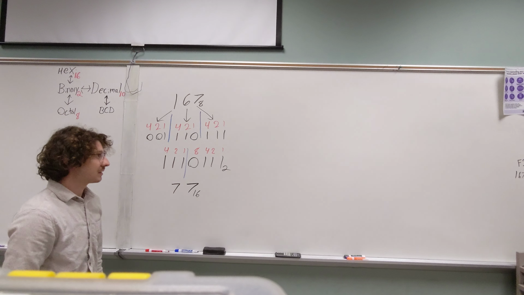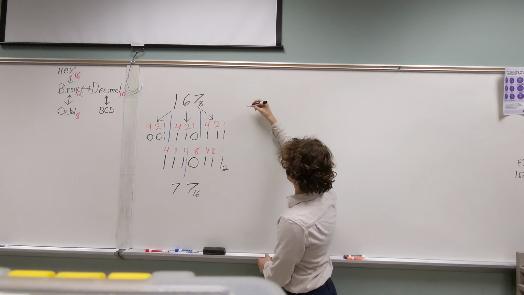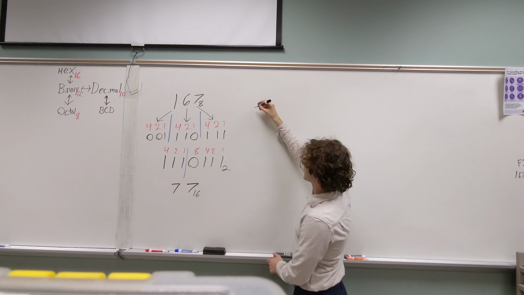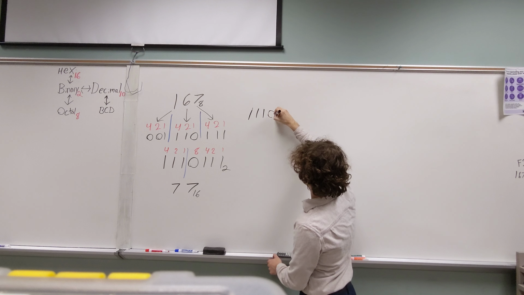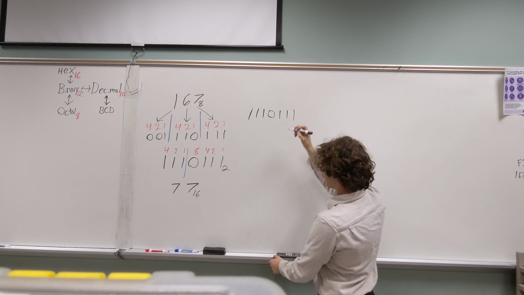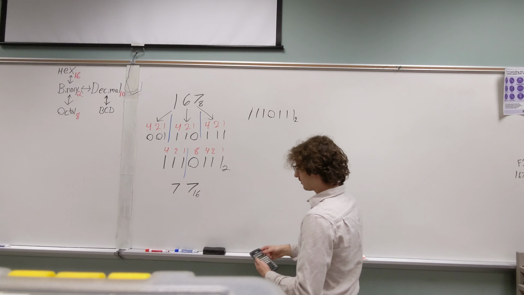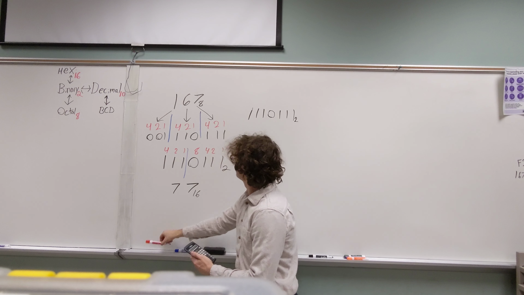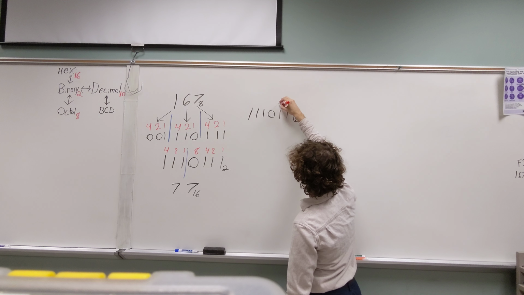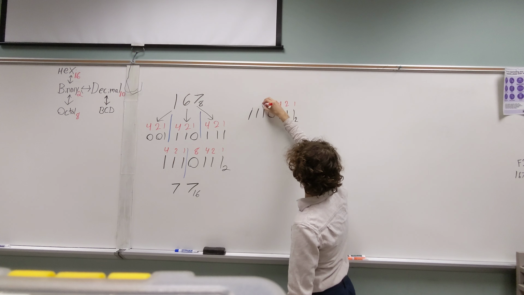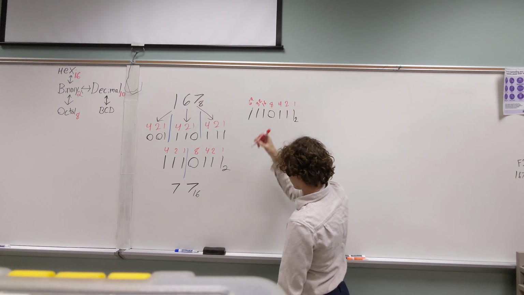Easy enough. So now if I want decimal, rewrite my binary number again because we have to go from binary to decimal. It's going to be 1, 1, 1, 0, 1, 1, 1, base 2. So here we have to sign our number line all the way to the end. So it's going to be 1, 2, 4, 8, 16, 32, and then 64.